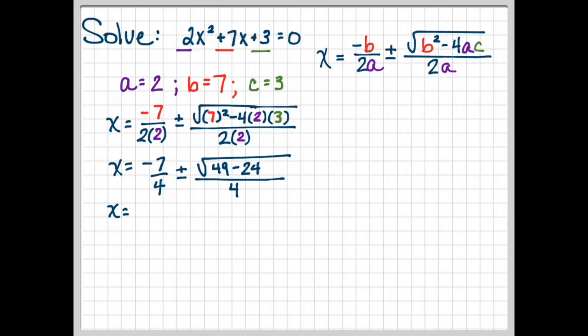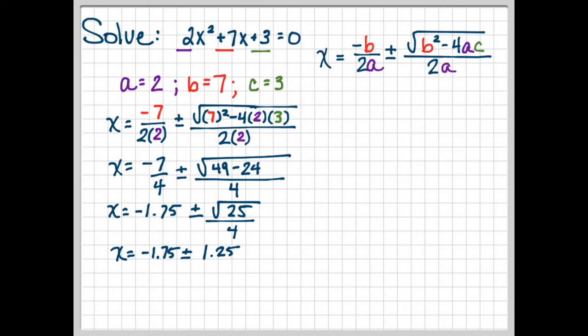X equals negative 1.75 plus or minus the square root of 25 over 4. So I know the square root of 25 is going to be 5, so I could really rewrite this as x equals negative 1.75 plus or minus 5 over 4, which is going to be 1.25.